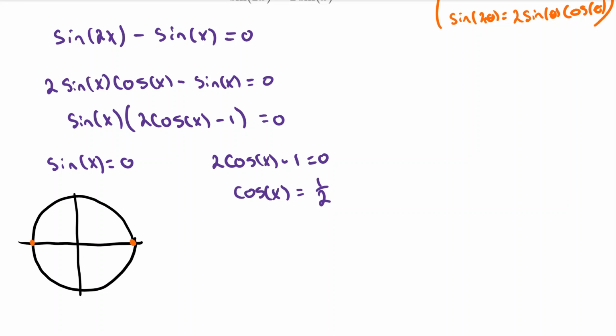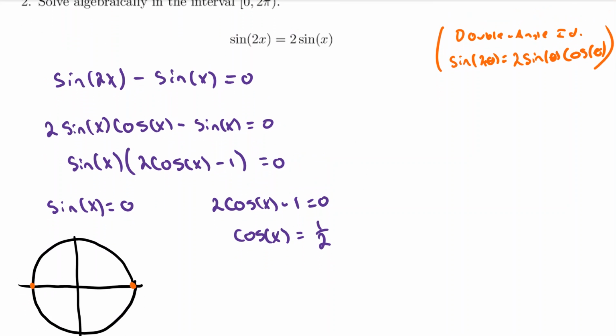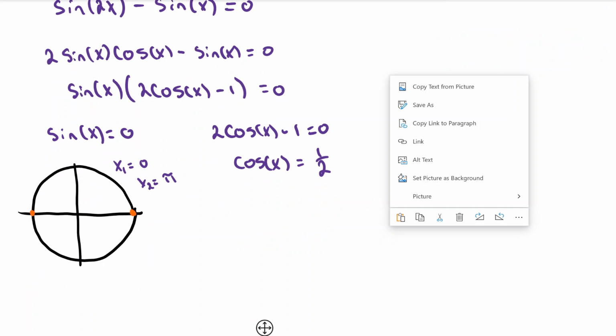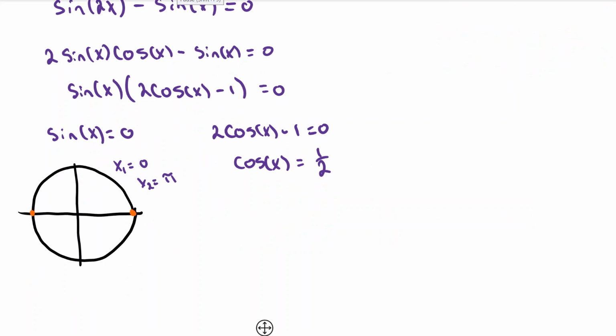So if we're looking for all our solutions between 0 and 2 pi, not including 2 pi, then we are going to pick up solutions of x1 being equal to 0 and x2 being equal to pi from our factor of sine here.